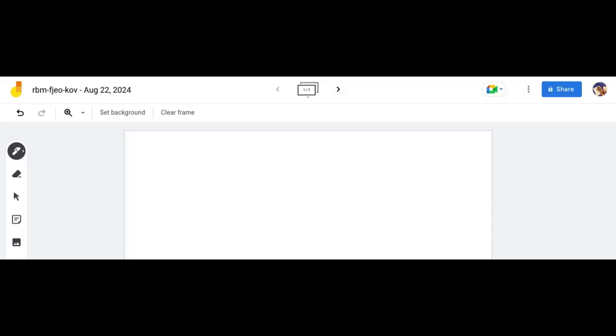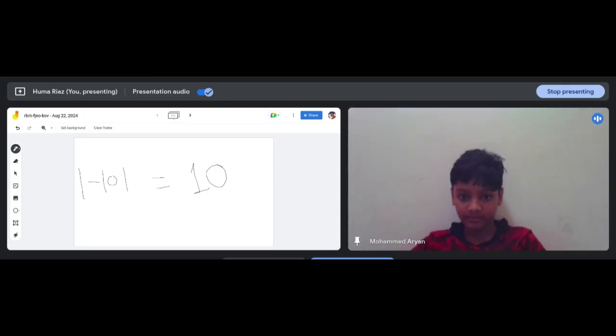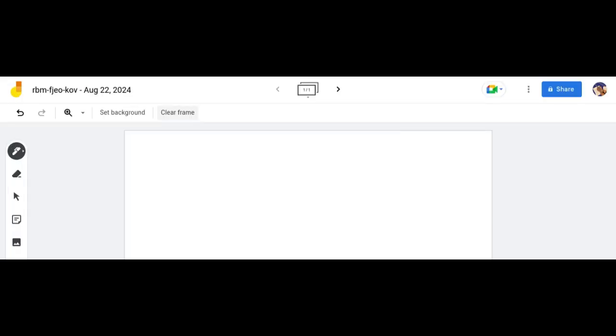For example, it is minus 10. Then 10 will be its absolute value. Absolute value can never be counted in negative. Remember that. Write this point down.